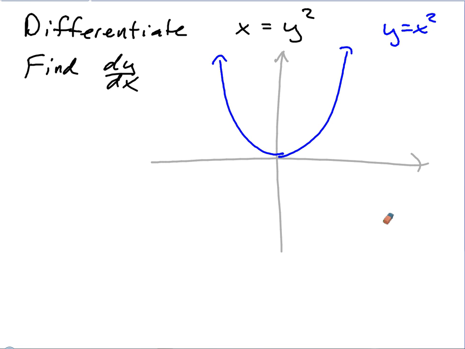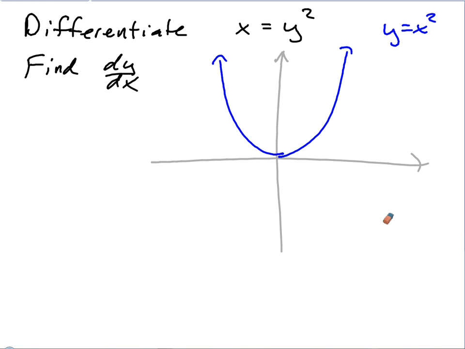Very good, it's reflected over the line y equals x. What do I call this relationship when I trade the x's and the y's? You know how the graphs are related. These are just called inverses. When we interchange the x's and the y's, those are inverse relations.